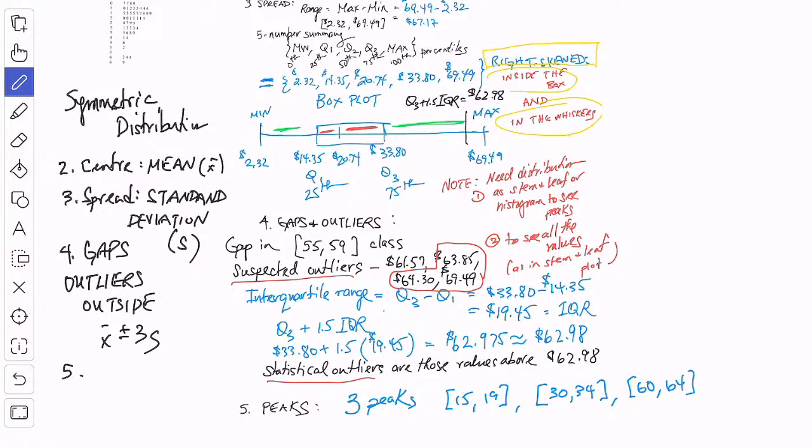And the peaks are the same. So the only differences with a symmetric distribution are that you calculate the mean, the standard deviation is different, and there is this rule for outliers. You're going to get some practice doing that.